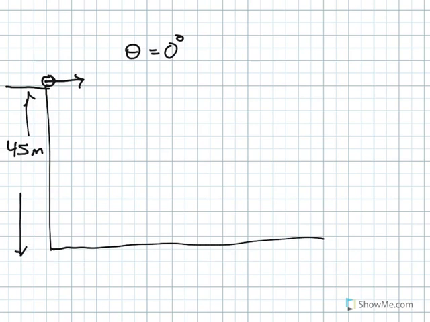And you're going to toss something off the building, and then it ends up landing, bloop, over here, maybe 12 meters away from the base of the building. And the question is, what is the initial velocity of the projectile here?